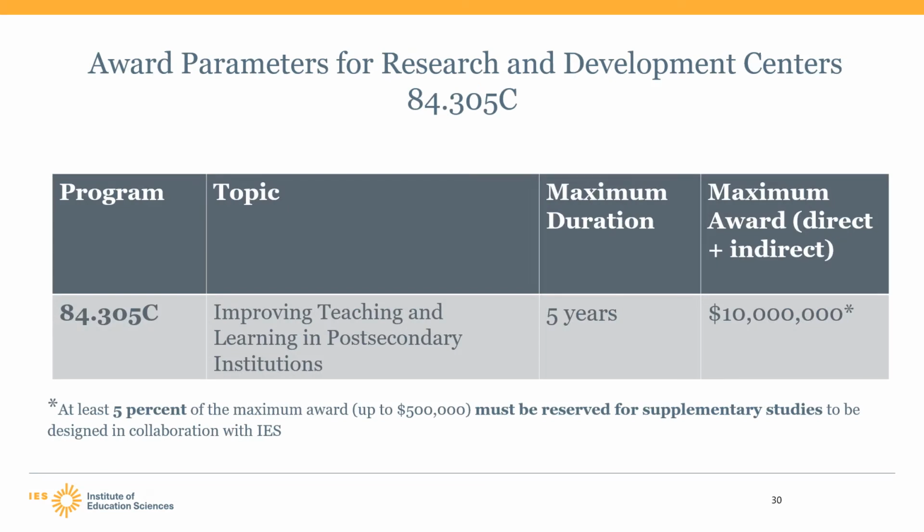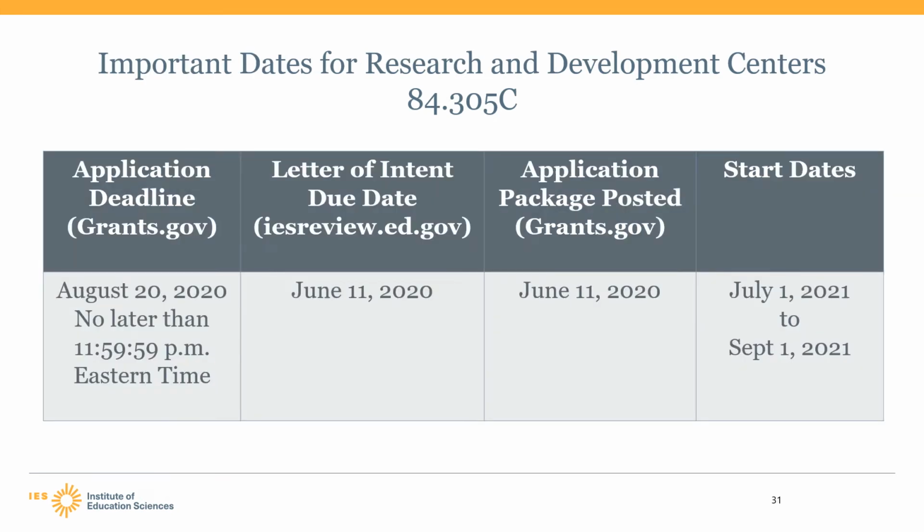This slide includes the award parameters for the Research and Development Center's program, including the maximum duration of 5 years and the maximum award amount of $10 million for the Teaching and Learning in Post-Secondary Institutions topic. This slide includes important dates for 84.305C.